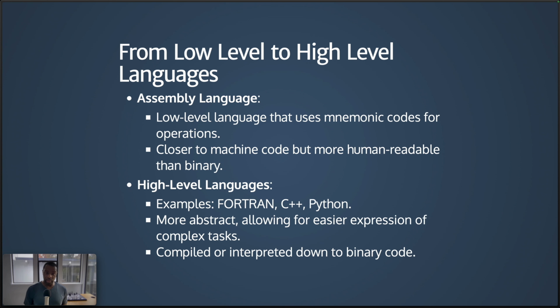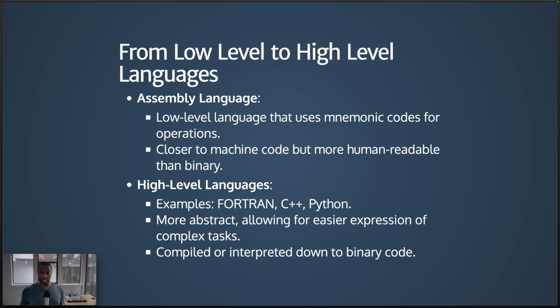But then we went from that direct 0 and 1 programming to low-level languages to high-level languages. If you've ever heard of assembly language, it's a low-level language that uses mnemonic codes for operations. It's closer to the machine code, the zeros and ones, but more human-readable than binary.